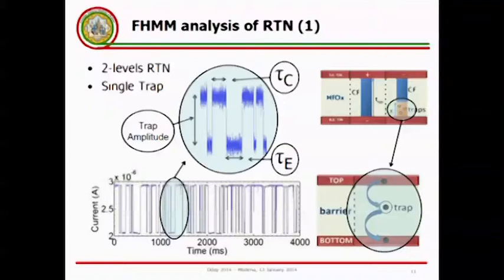First of all, random telegraph noise appears as an abrupt switching of the reading current between discrete values and is mainly thought to be ascribed to the activation and deactivation of traps, defect centers, within the barrier acting as conducting sites or traps, allowing the charge carriers to flow from the tip of the remaining part of the conducting filament to the bottom electrode. And the simplest form of RTN you can face is the so-called two levels RTN, and is ascribed to the activation and deactivation of a single trap.